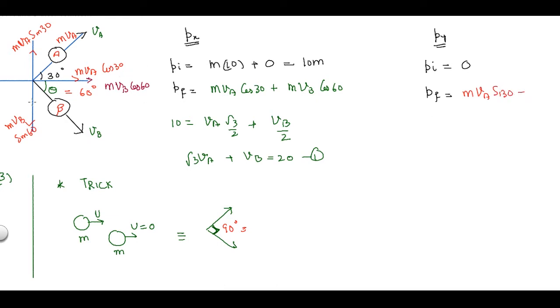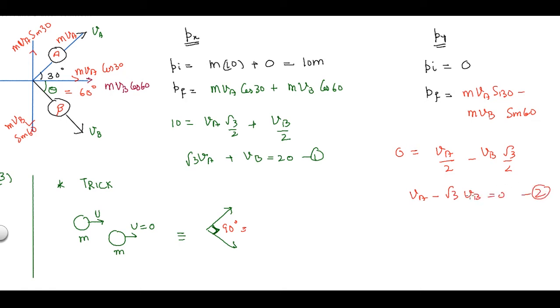Why minus? Because when two vectors are in opposite directions, the vector sum is equivalent to scalar subtraction. Conserving momentum along the y-axis, initial equals final: 0 equals VA sin 30, which is half, minus VB sin 60, which is root 3 by 2. From there you get VA minus root 3 VB equals 0.